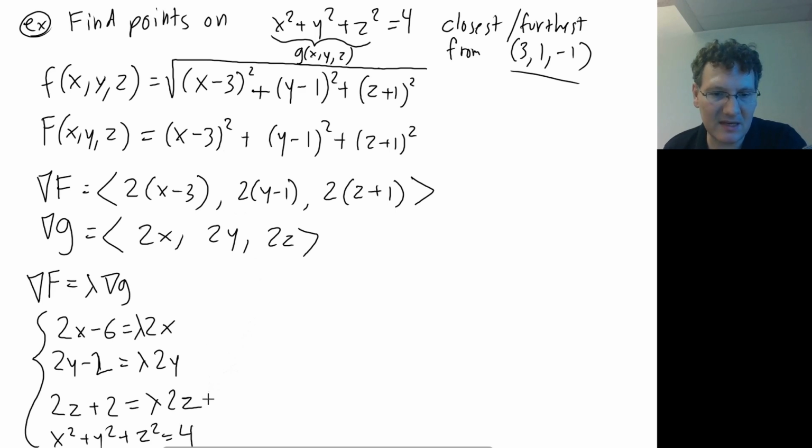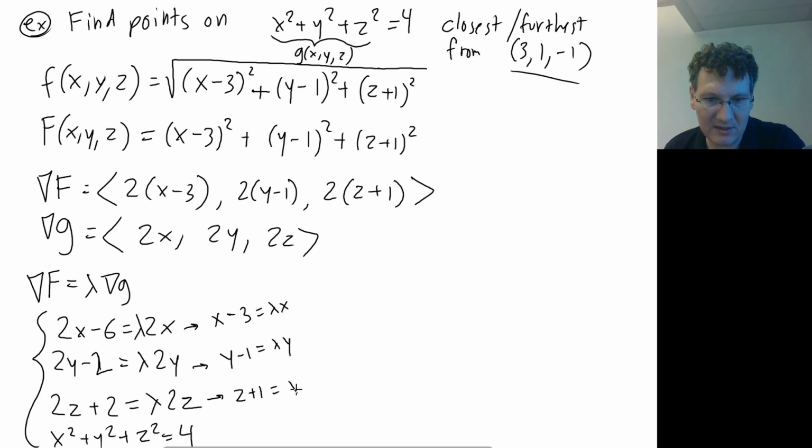Now, we can go through and divide each of these by 2. So we have x minus 3 equals lambda x, y minus 1 equals lambda y, and z plus 1 equals lambda z. I'm going to solve each of these for x, y, and z respectively.